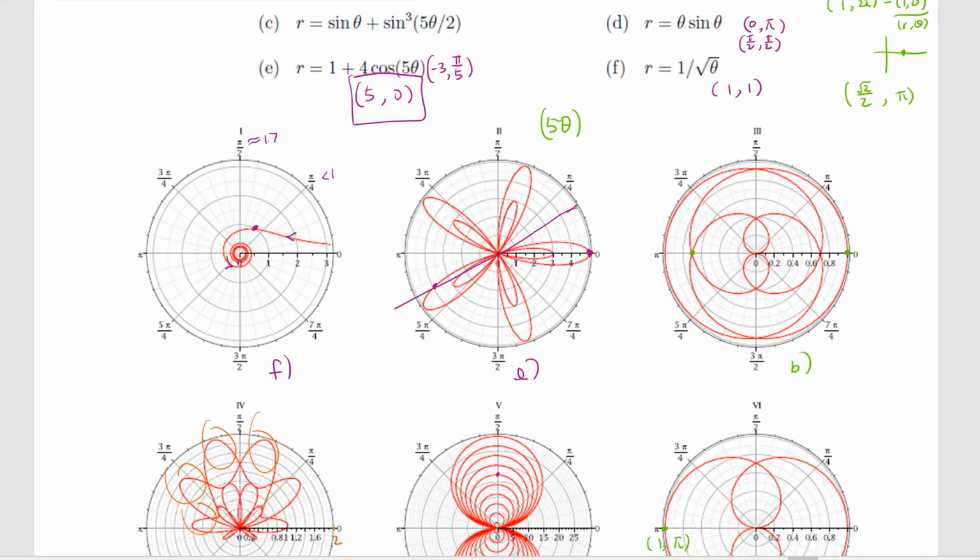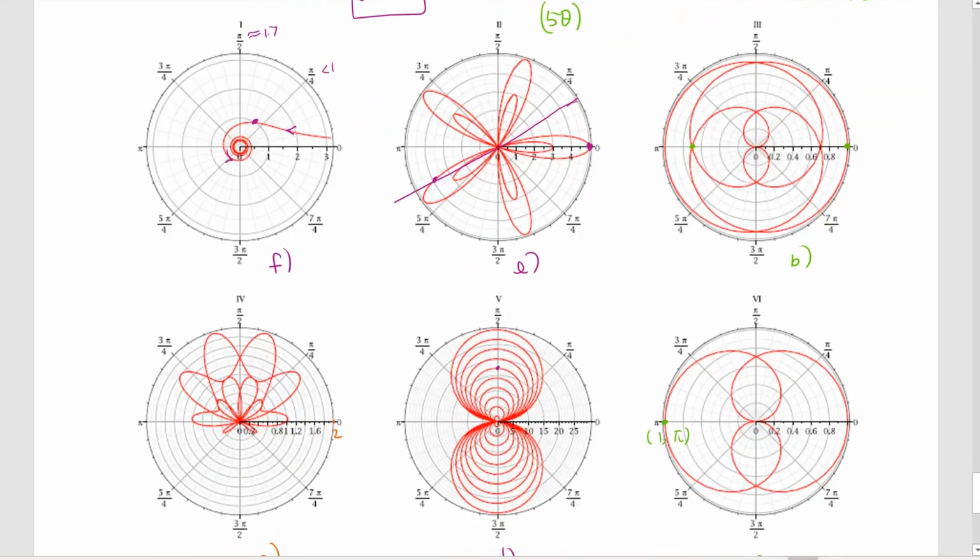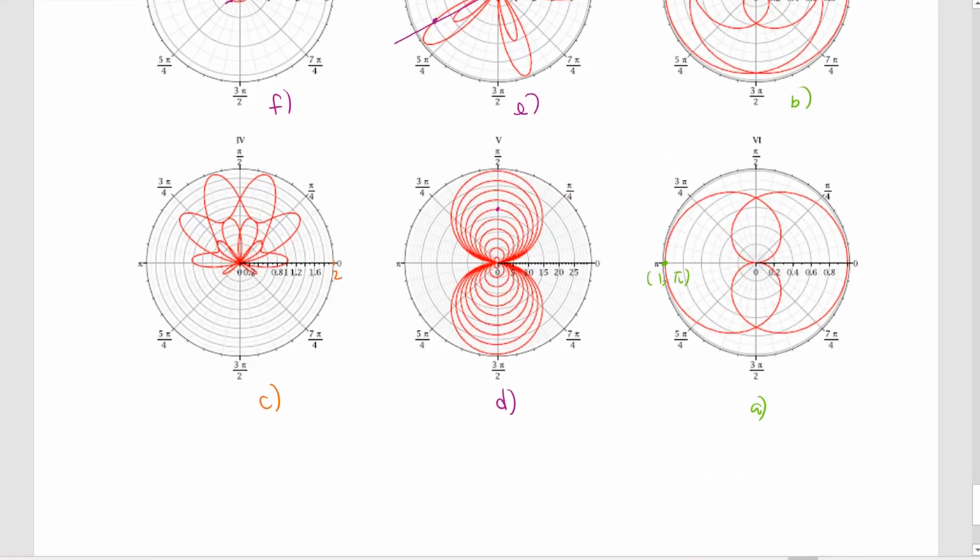Like I said, you can always plug these functions into our GeoGebra calculator, and then you can draw these beautiful pictures. So that is session 10.2. However, for our course, I won't ask you to graph the polar curve.